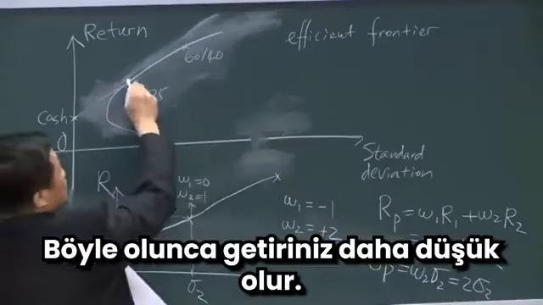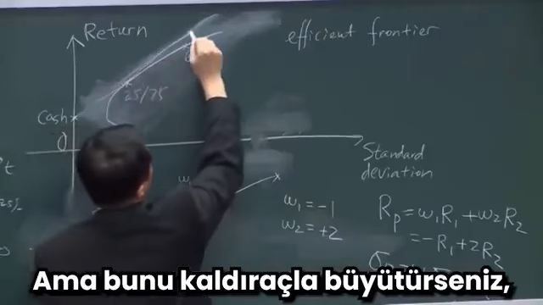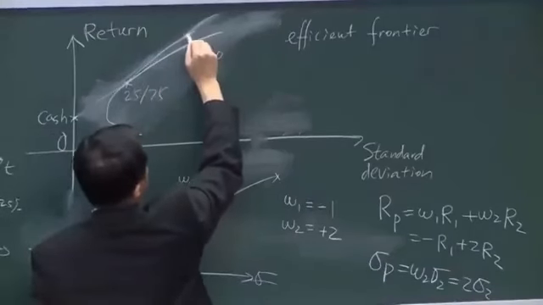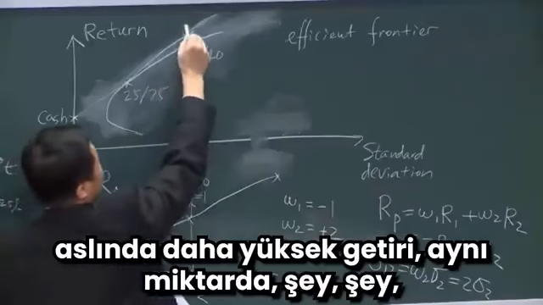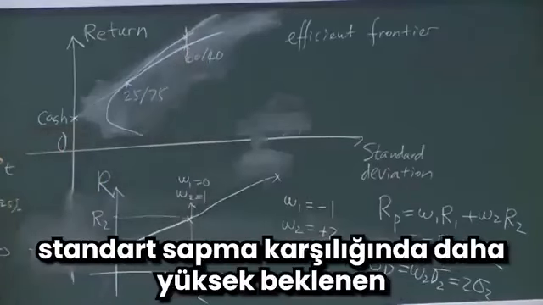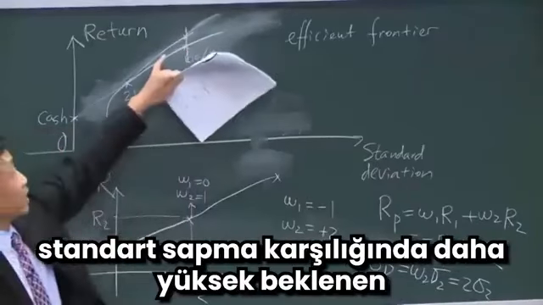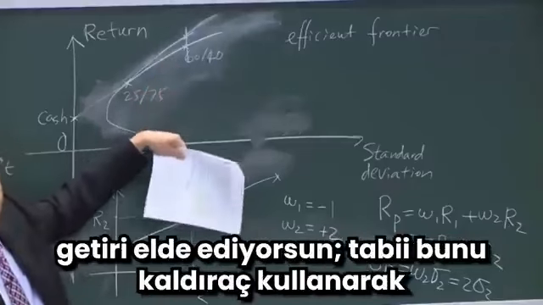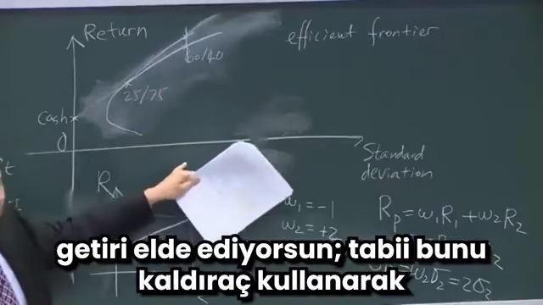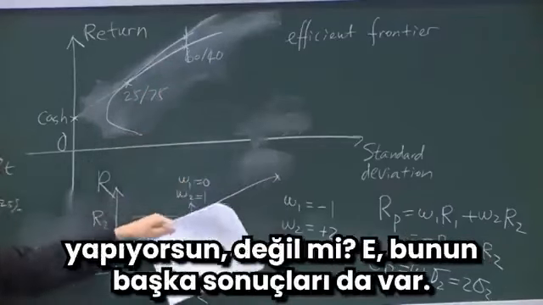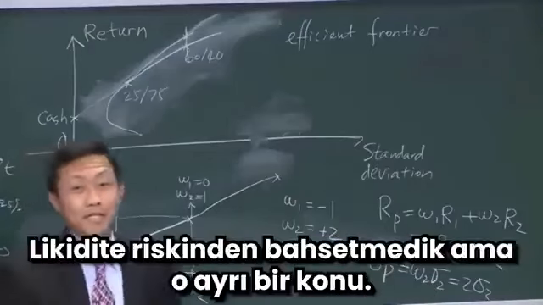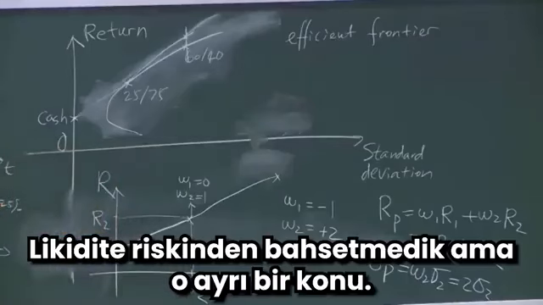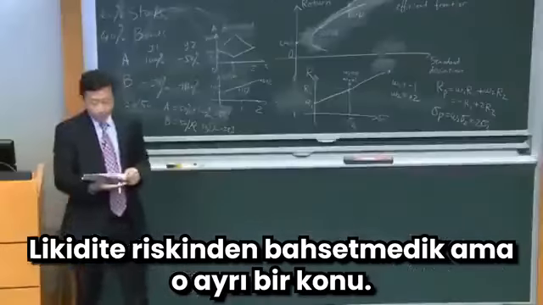So you have lower return, but if you leverage it up, you actually have higher expected return, given the same amount of standard deviation, by leveraging up. Obviously, there are other implications of that. We haven't talked about the liquidity risk, but that's a different topic.